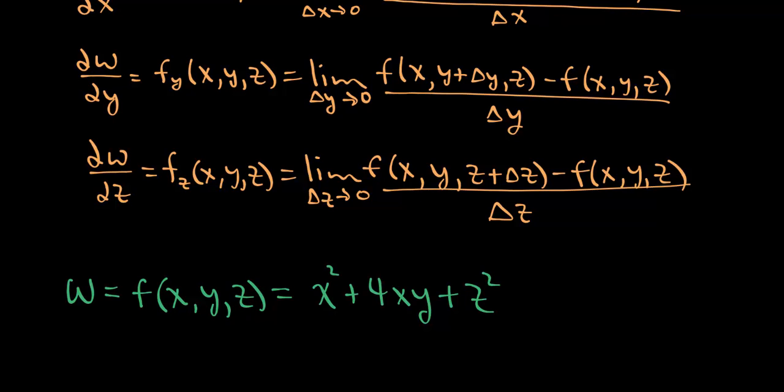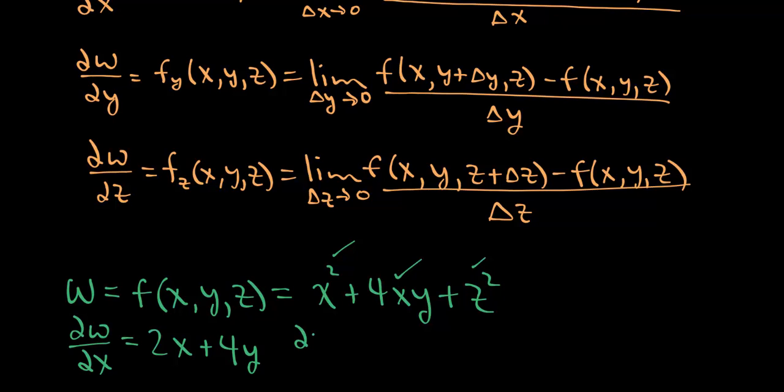And I want to get, first of all, the partial of w with respect to x. Well, I'm holding everything constant except x. So I differentiate this term and I get 2x. I differentiate this term and I get 4y, because y is just a constant like that 4. And then this term gives me a 0 for the derivative. So there's the partial of w with respect to x.